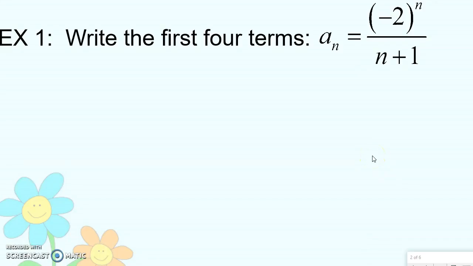Okay, so first of all, we're going to talk about writing the first four terms of a sequence. So I have the sequence A sub n, where n is defined as the term number.